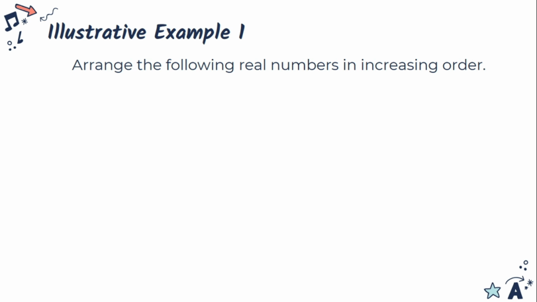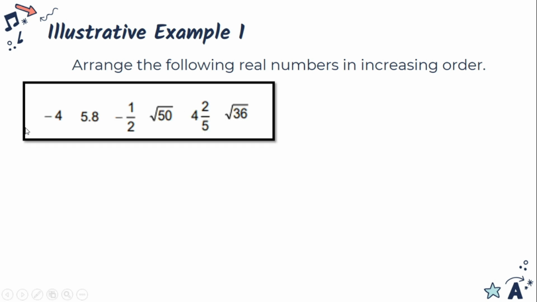Na-arrange daw natin mula sa baba pataas kasi increasing. 'Di ba? So therefore, we have here negative 4, 5.8, negative 1 half, square root of 50, 4 and 2 over 5, and square root of 36. So we have 1, 2, 3, 4, 5, 6.